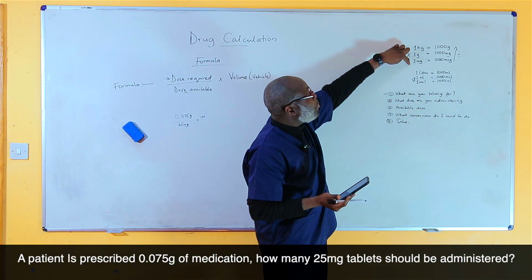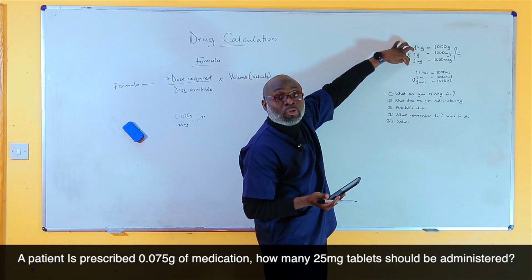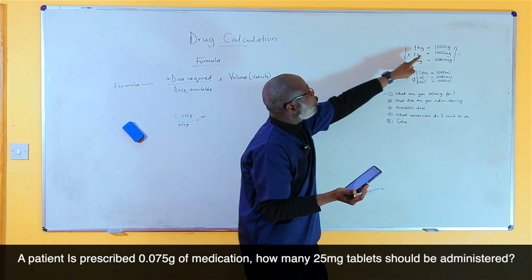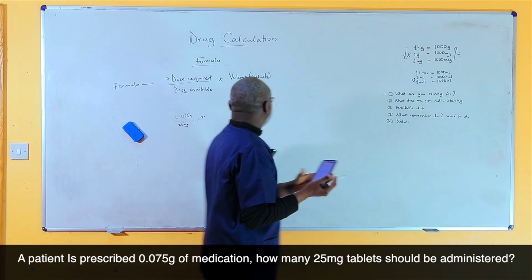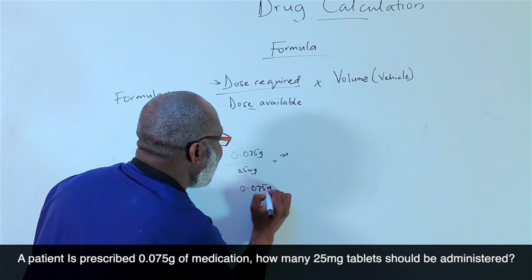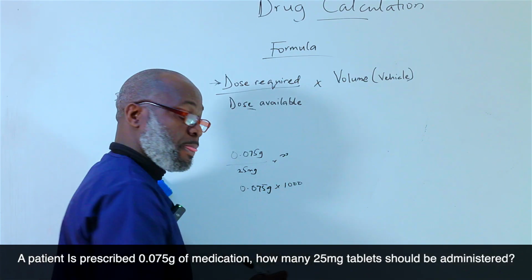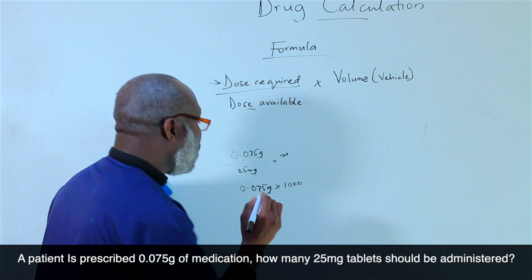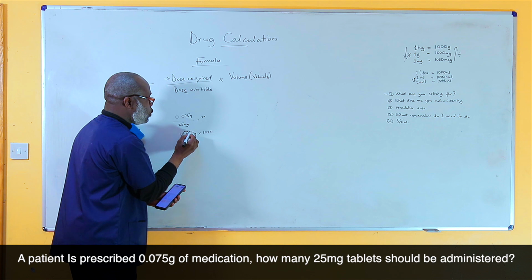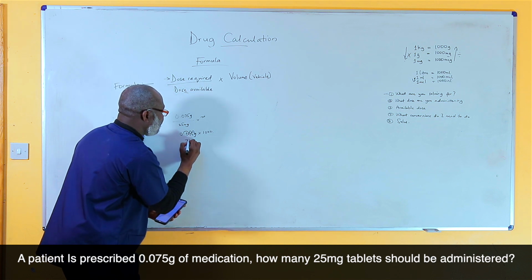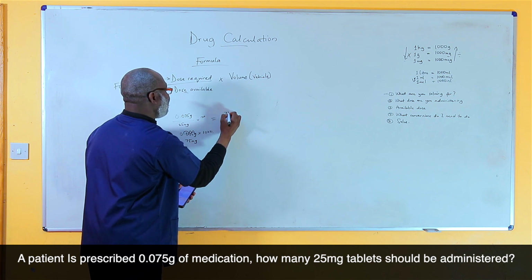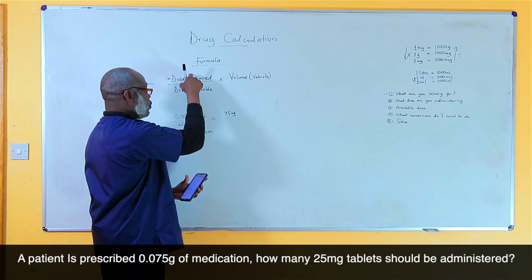You're going down, so you're multiplying by 1,000. 0.075 grams times 1,000. You can use your calculator. Like for me, I will just count 1, 2, 3, then 1, 2, 3. That is 75 milligram. That is the dose required.